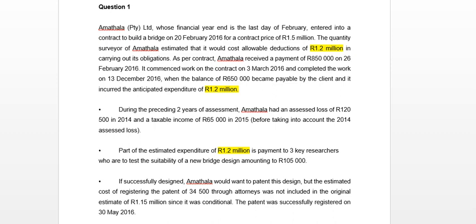It commenced work on the contract on the 3rd of March and completed the work on the 13th of December, when the balance of 650,000 Rand became payable by the client, and incurred an anticipated expenditure of 1.2 million. So, important for this section is you need to draw yourself a timeline.